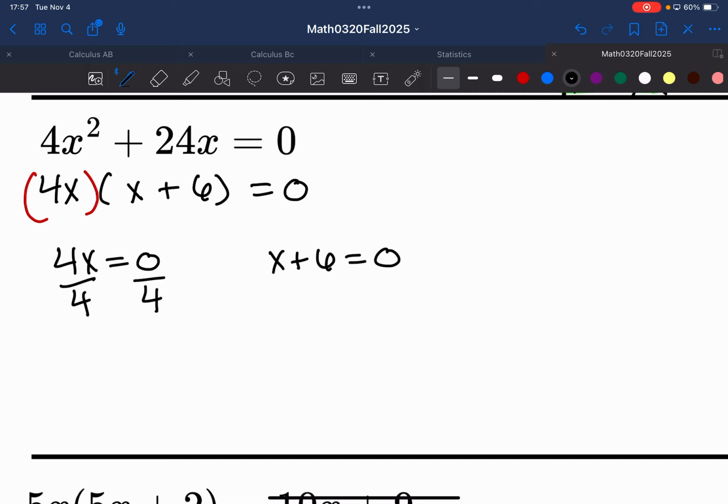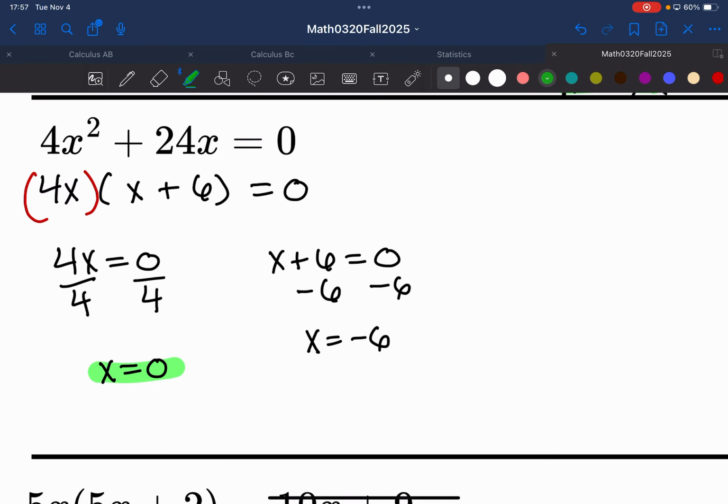And what's 0 divided by 4? 0. So x is equal to 0. There's my first answer. And then what about the next one? Good, I subtract 6. x is equal to negative 6. That is my second answer. So yes, these ones are easier because we don't have the C value, and so we just go straight to taking out a GCF.